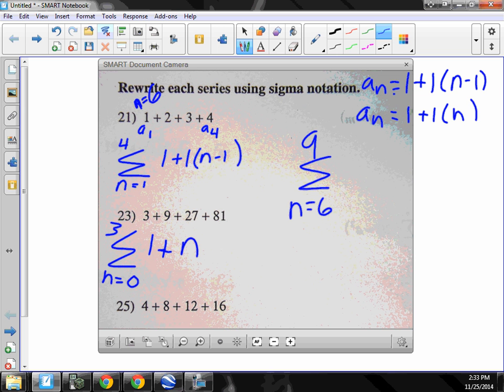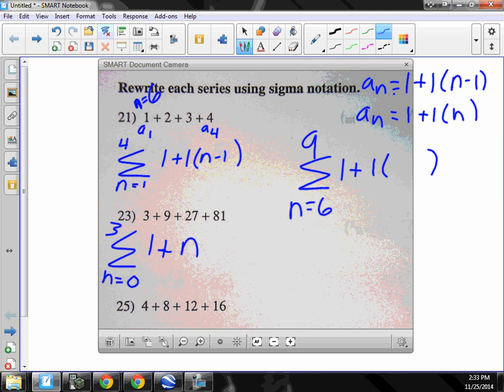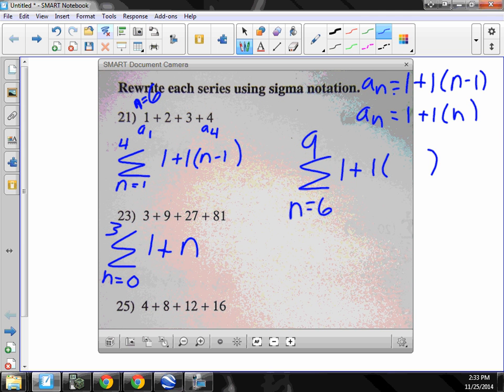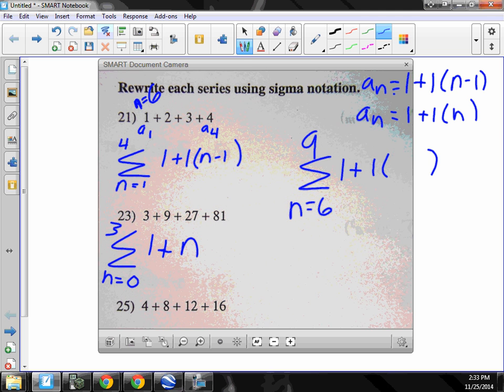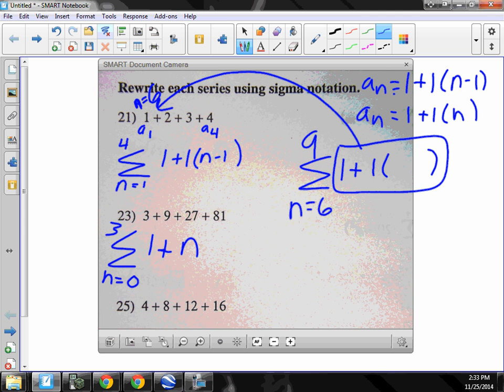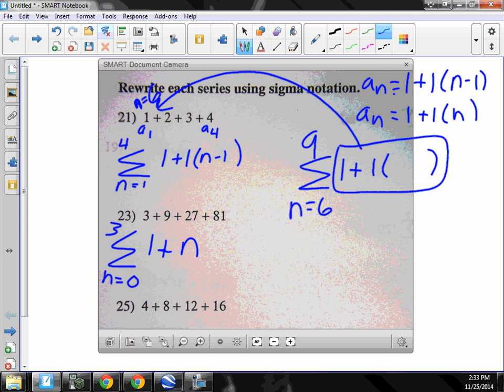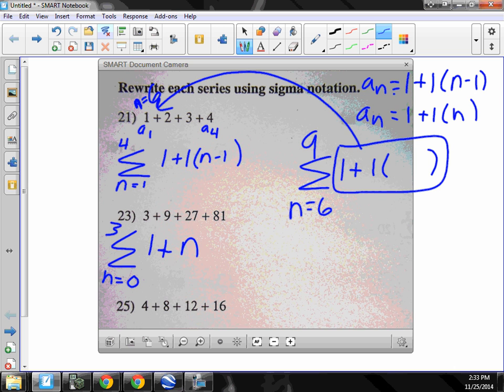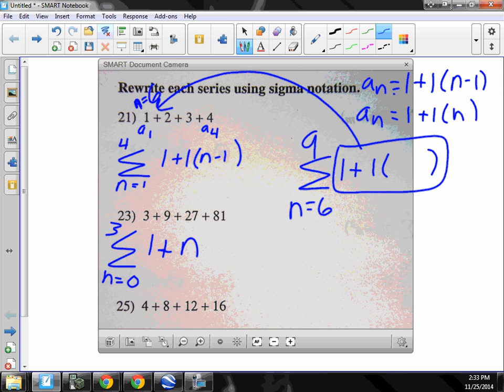Right? And it's going to be 1 plus 1 times... Well, I need to get this number down to what in order for this equation to equal that? So 1 plus, what does this need to equal? For the first term, what does it need to equal?